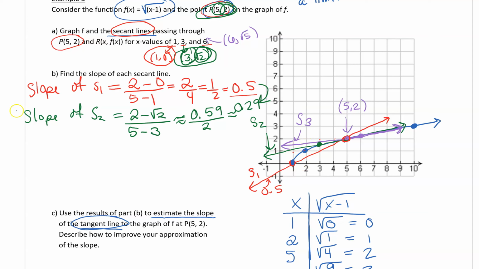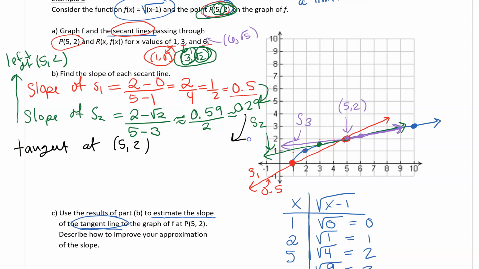Now notice that these two slopes are on the left of the point 5 comma 2. So I would imagine the slope of my tangent line at 5, 2 to be even less steep than those two, because it's just getting gradually less steep as you move from left to right. This function gets flatter and flatter, and the secant and tangent lines do as well.